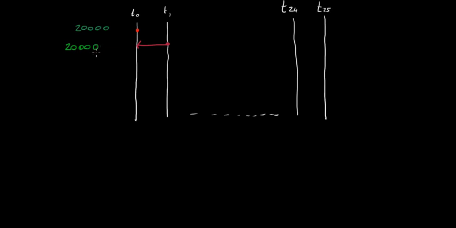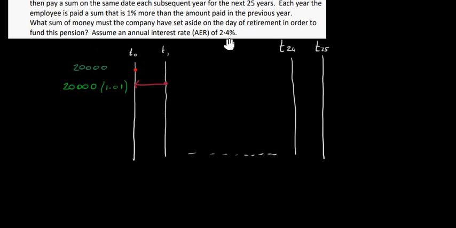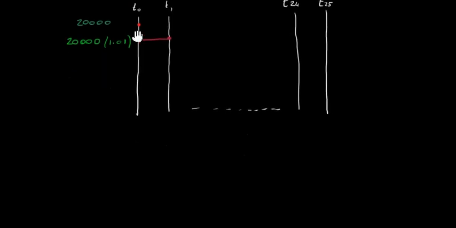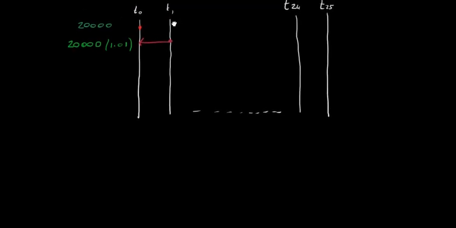So that's increasing this 20,000 by 1%. However, there's also from the question a 2.4% AER. So 20,000 euros will have increased in value by 2.4%. So we've got to bring it back to present value. All of this amount here we've got to divide by 1.024.